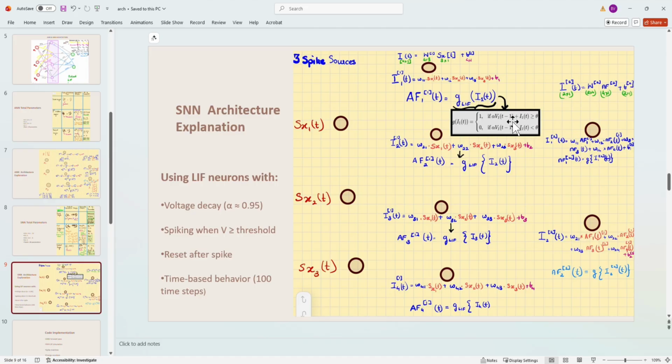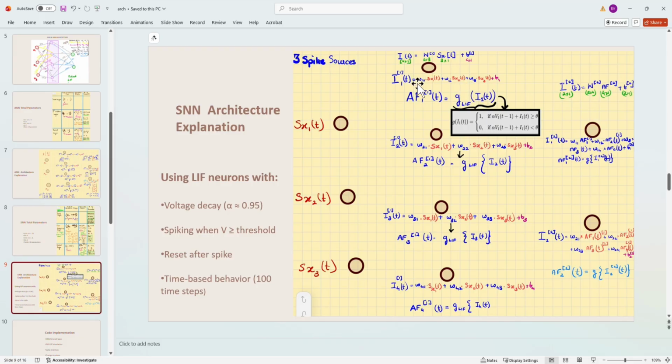If this value is greater than or equal to our threshold, and we have a threshold value set, we can set it, then at that particular time the water will leak out of the bucket, or the voltage will leak in our case. After the voltage leaks, this value goes down and becomes equal to 0.